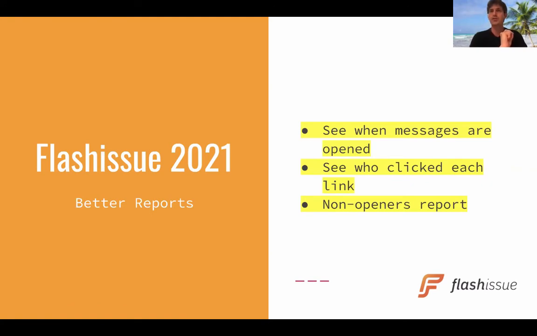So if you wanted to see a report for a list, show me all the subscribers that did not open any of my messages in the last 2 months, you'll be able to do that. So we're really going to improve the reports. That's going to be really useful.